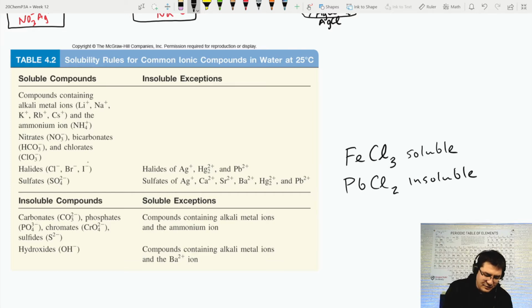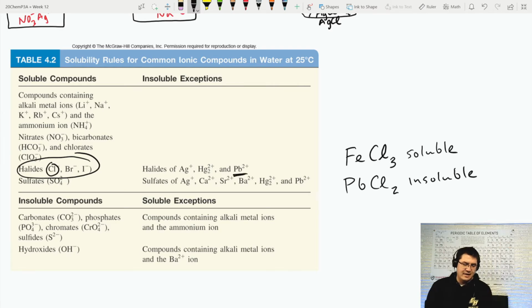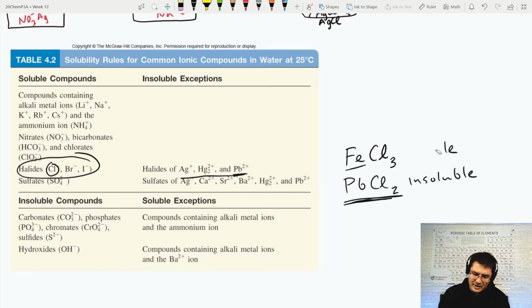And what that is, that's following this rule, because I have chlorides which are generally soluble except if they contain lead, mercury, or silver, which makes lead chloride insoluble. Okay, but since iron isn't on that exception list, then iron chloride would be soluble in water. So iron chloride, because it's soluble, when it's written in water, I write as AQ.